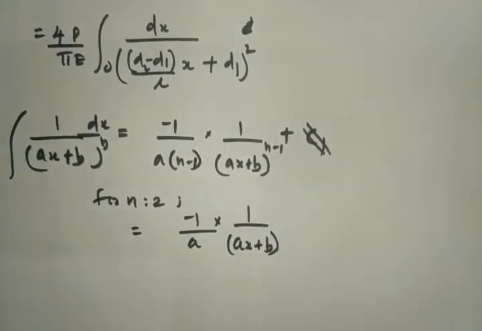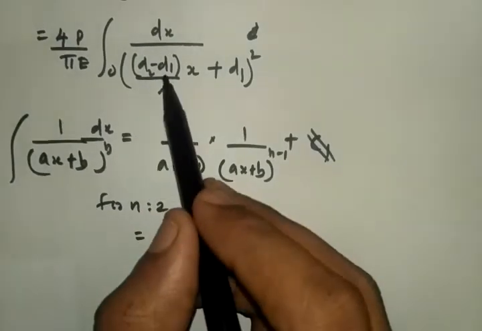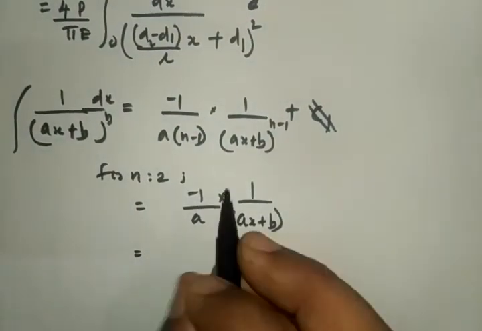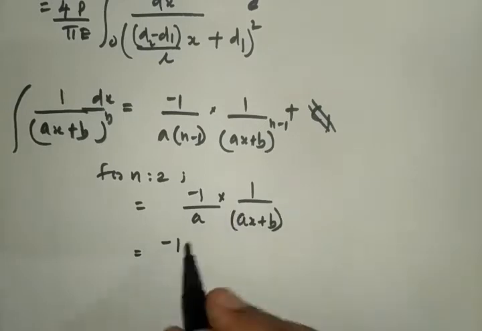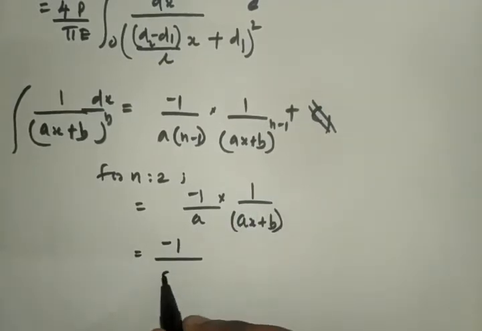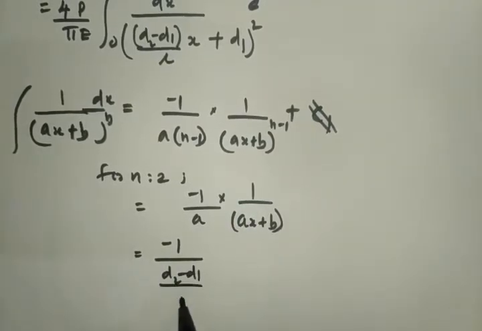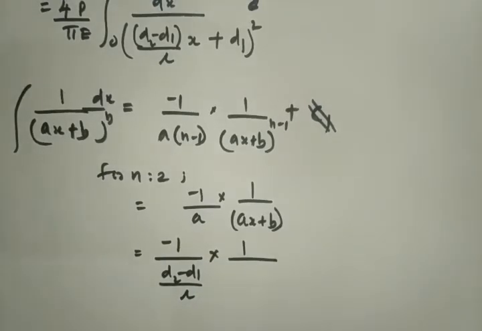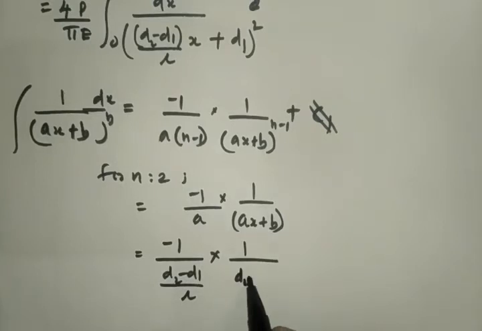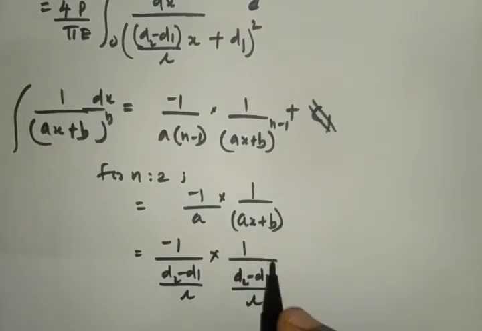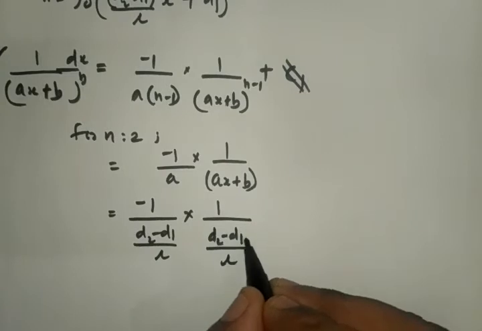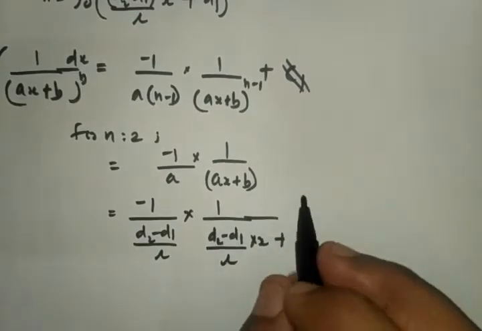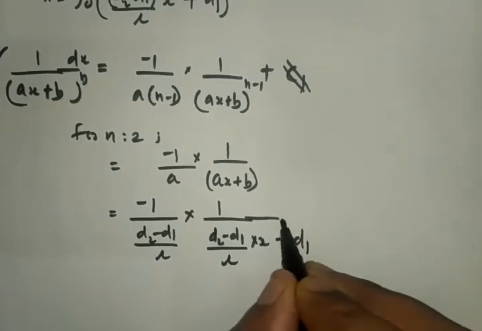What is the value of a? The a value is d2 minus d1 by l. This is equal to minus 1 divided by (d2 minus d1 divided by l) into 1 by ((d2 minus d1) divided by l into x plus d1), where the value of b is d1.